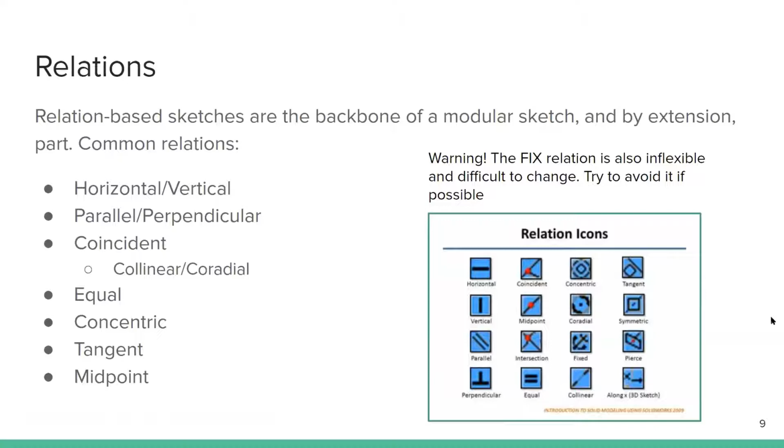If you fixed a line itself, you could extend the endpoints in and out, but that's it. The fixed relation is a bit finicky and can lead to other dimensional issues. And generally, I would not recommend using it. But equal, concentric, tangent, all of these are very valuable. And instead of trying to use a dimension to specify the ways things are connected, it is just much, much faster. So yeah.